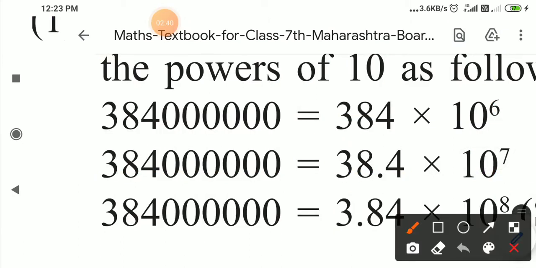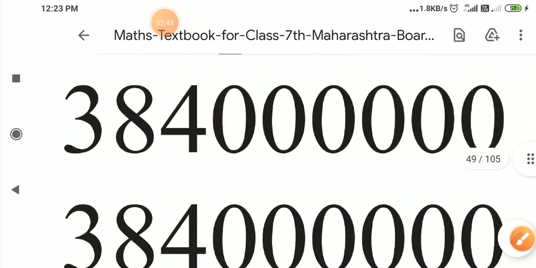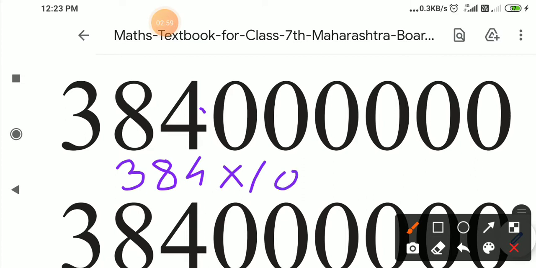So we write 384 into 10 raised to the power of how much? 6, because after the point there are 6 digits. Digits, not zeros.